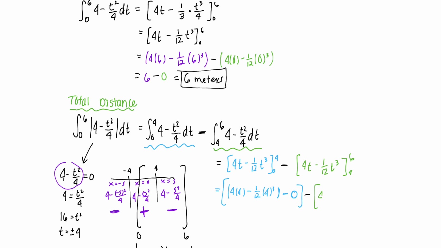Over here, 4 times 6 minus 1 over 12 times 6 cubed. Then plugging in 4, so 4 times 4 minus 1 over 12 times 4 cubed.